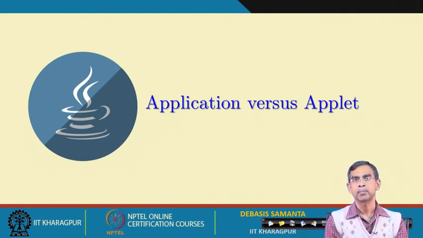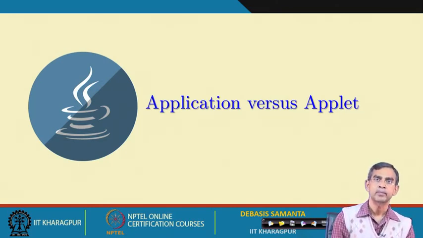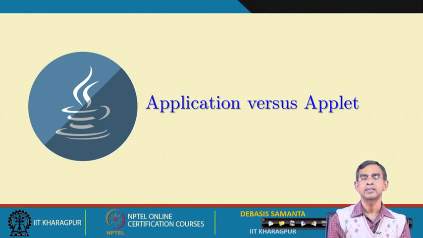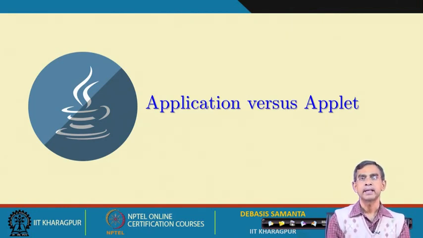On successful compilation it will produce a .class file, and the same can be run using the java command. Whereas an applet, as you see, can be written as a .java file and compiled to a .class file, but it cannot be executed by the java command. It should be embedded in an HTML file, and that HTML file needs to be browsed by a browser, for example, the applet viewer.